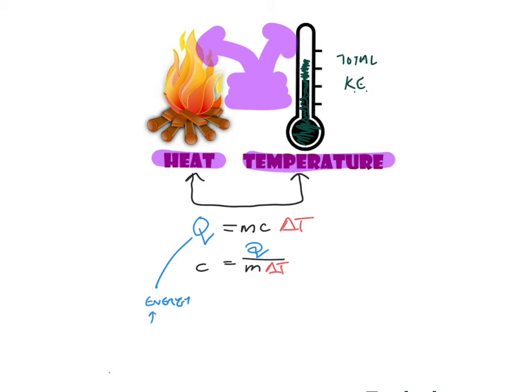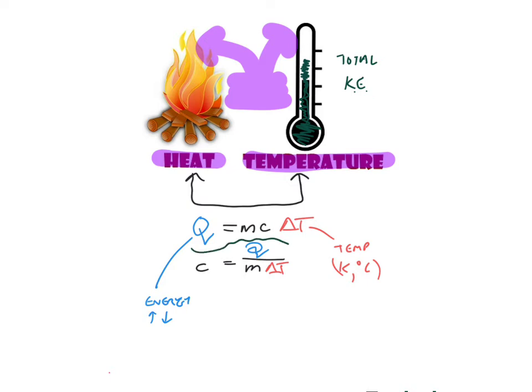M is obviously mass, the mass that's involved. C, we're going to get to that in a second. And ΔT is a measure of the temperature difference in Kelvin or degrees Celsius. So there is a relationship between the two of those concepts.